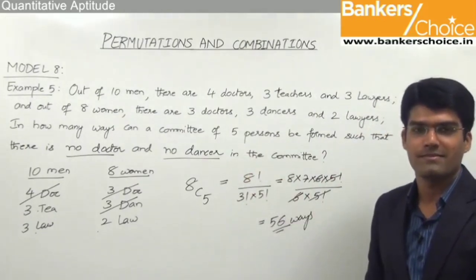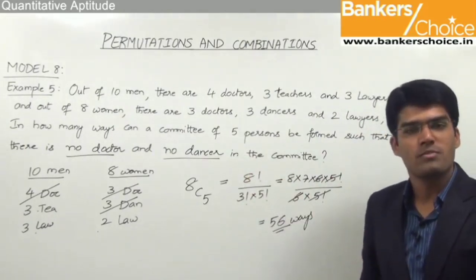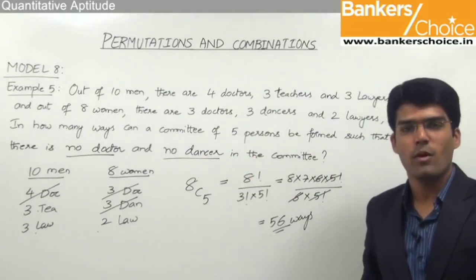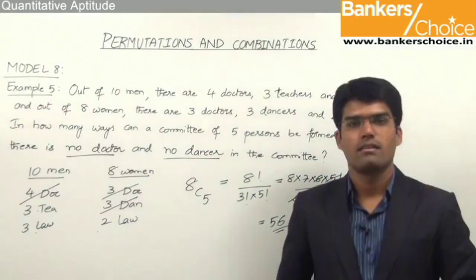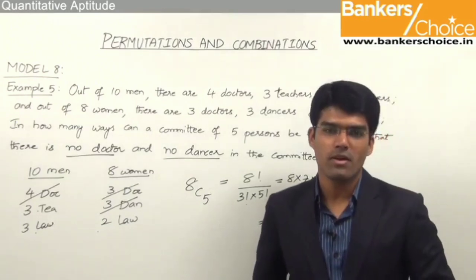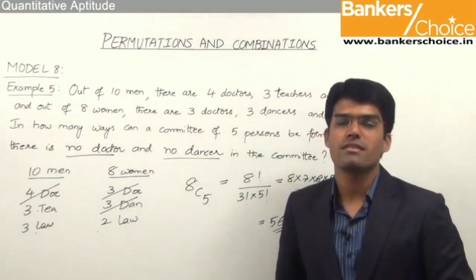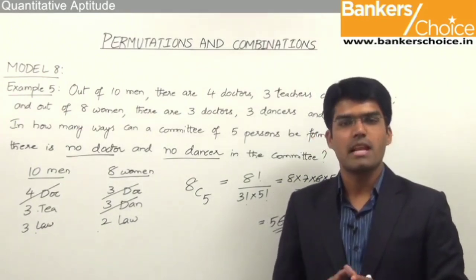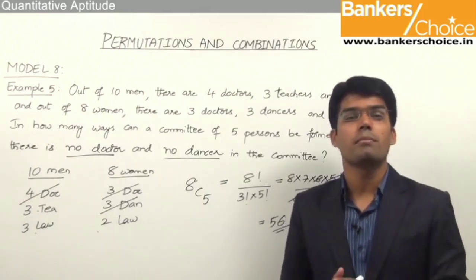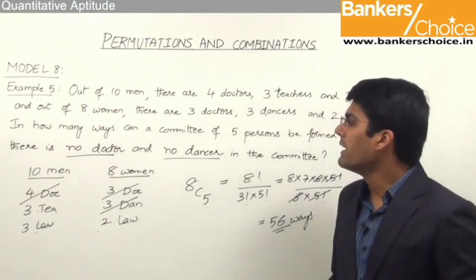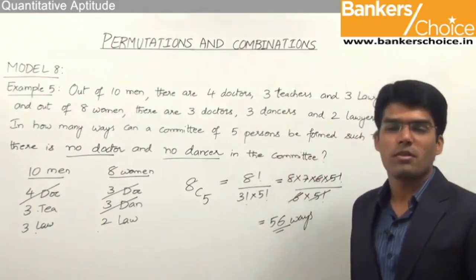So whenever a particular type of object or a particular type of person is not required, we simply have to leave those persons while doing the selections. So this is how various types of conditions can be given for questions related to combinations. And remember friends, as I've mentioned earlier, an object need not always be a person. For example, here we have persons of different professions.